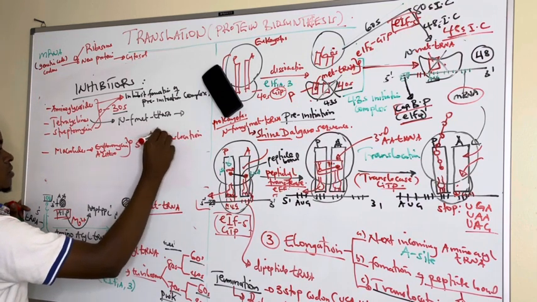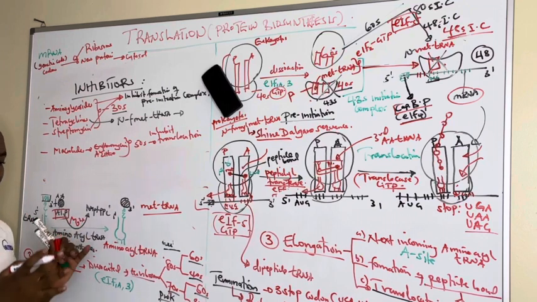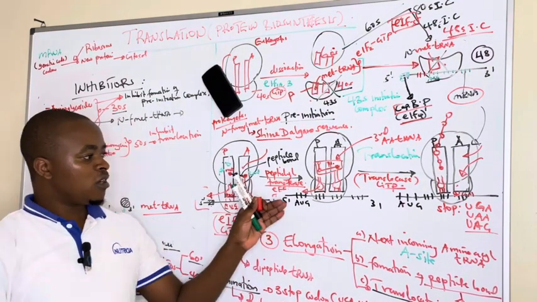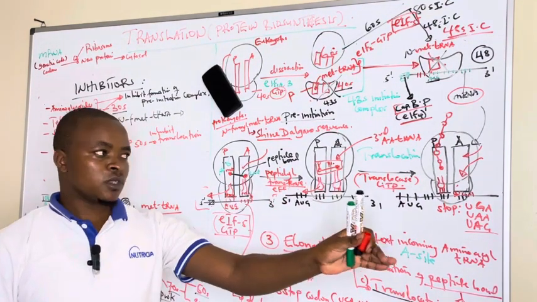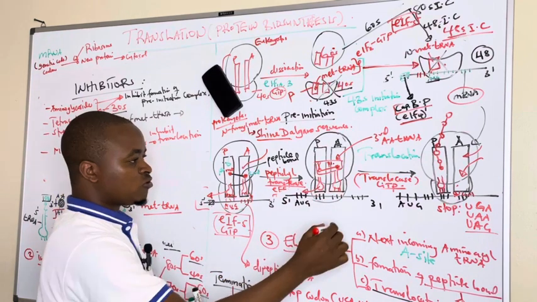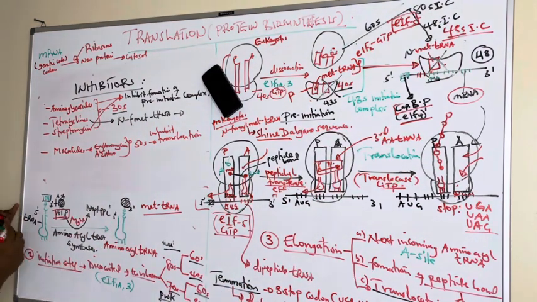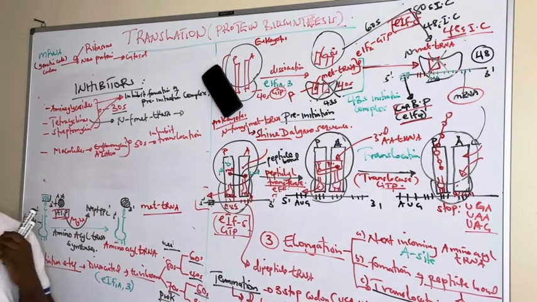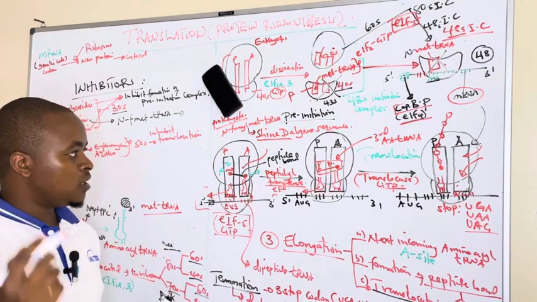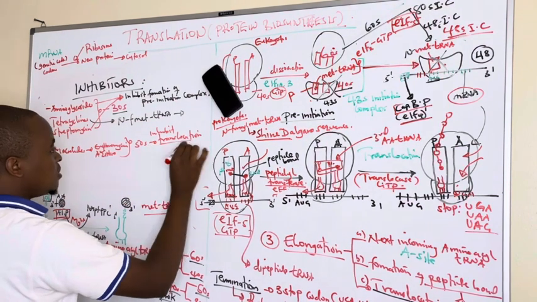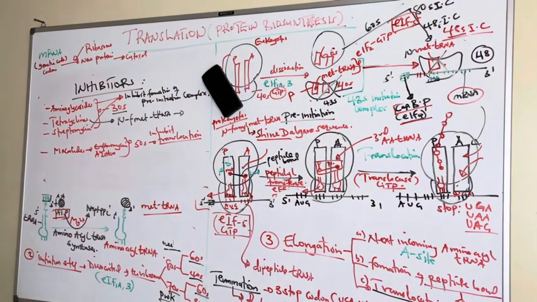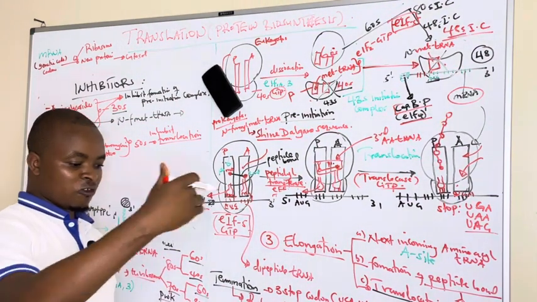So they do not allow the movement of ribosomes one step ahead. And when you do not allow translocation, the elongation step is terminated. So these guys, macrolides like erythromycin and azithromycin, inhibit the elongation step by inhibiting the translocase enzyme responsible for the movement of the ribosome one codon ahead.